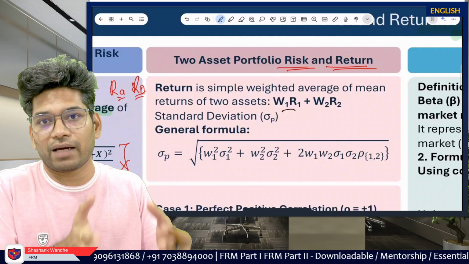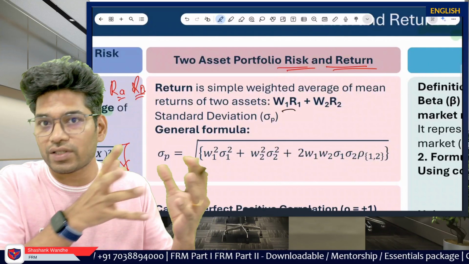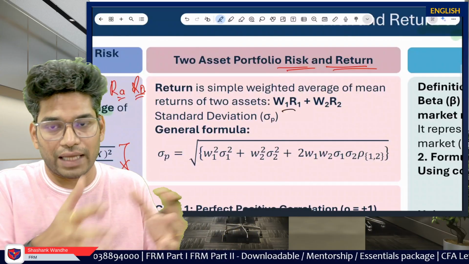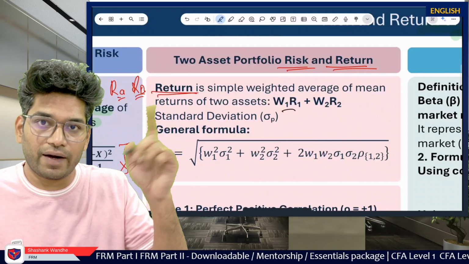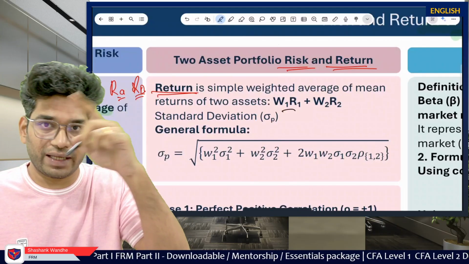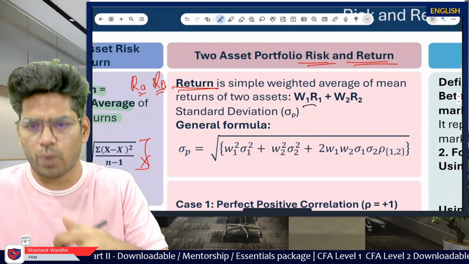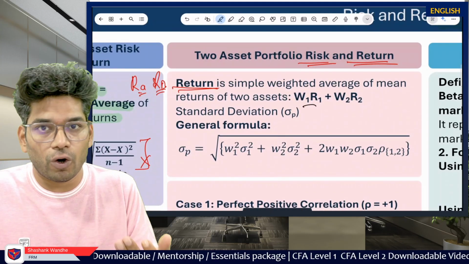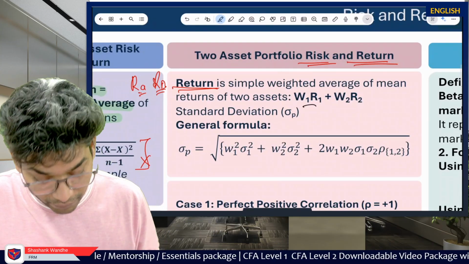The same logic will be applicable, but in academics, it is not possible to test questions on a multi-asset portfolio. That's why we have only 2 assets. Remember this, okay? Now, you have the return and the risk calculated individually for each asset, RA and RB. Here it is mentioned as 1 and 2. My way of saying it is A and B, or 1 and 2 is also fine.